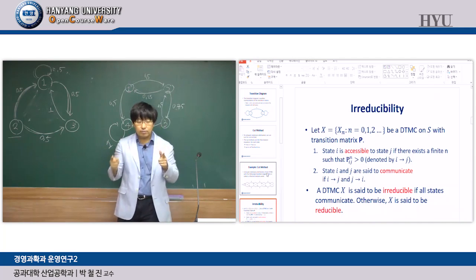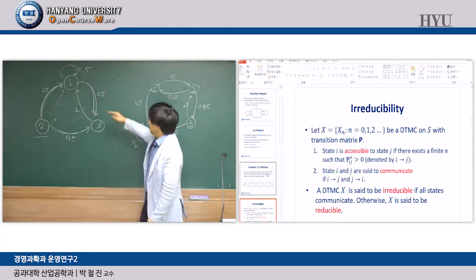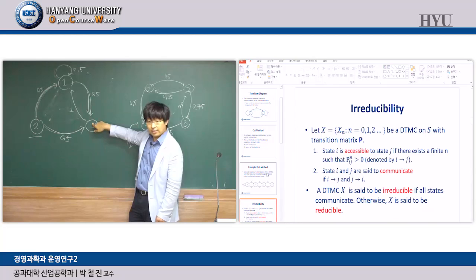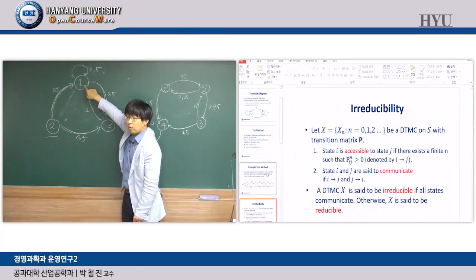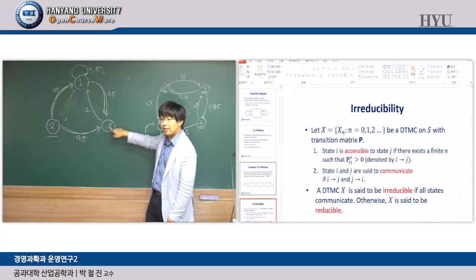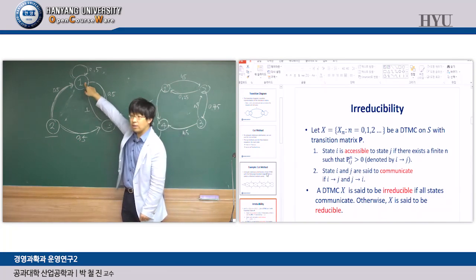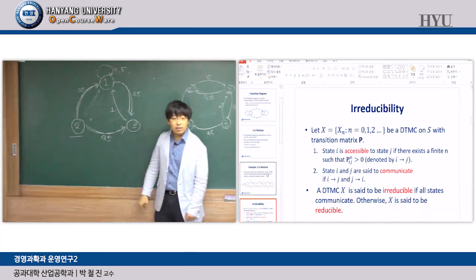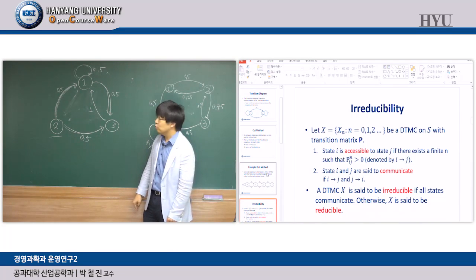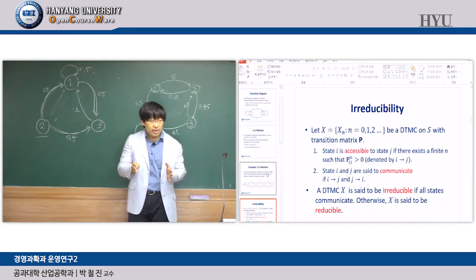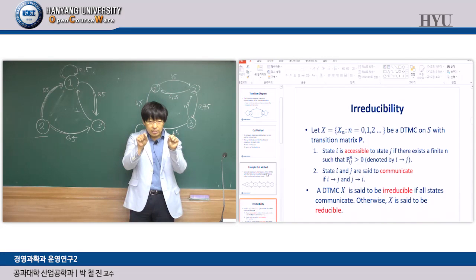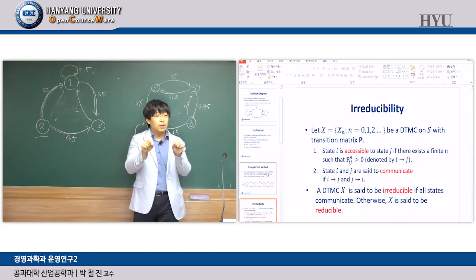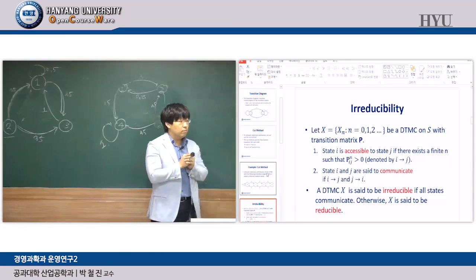So in this case we can consider 1 and 3. State 1 is accessible to 3 and state 3 is accessible to 1, right? How about 1 and 2? There's no way to communicate between 1 and 2. So communicate is about the relationship between two states, and accessible is also about two states, right?